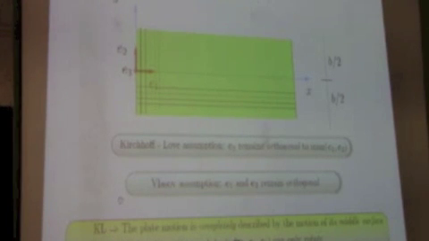In this way, the plate motion, in view of the first assumption, is completely described by the motion of its middle surface. Because if you consider that the vector E3 is orthogonal, the motion of the plate-like body is completely described by the motion of its middle surface.